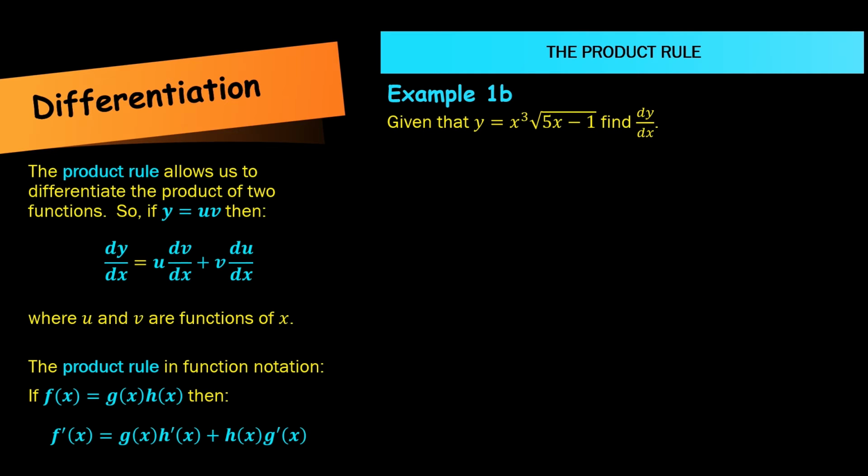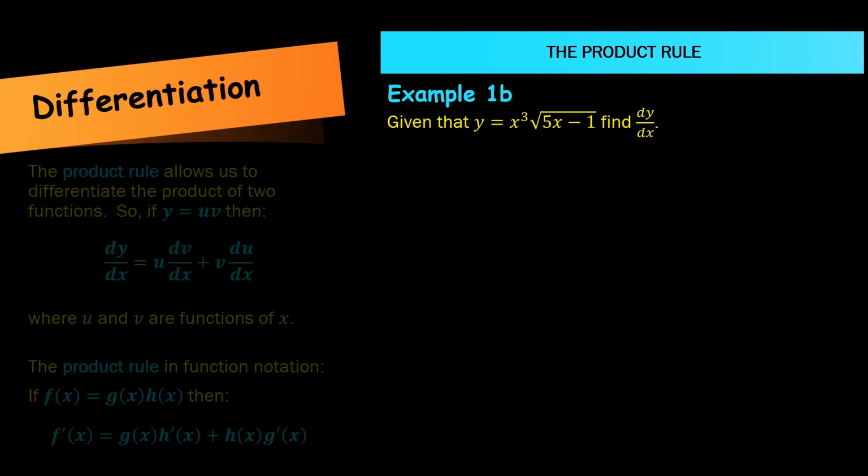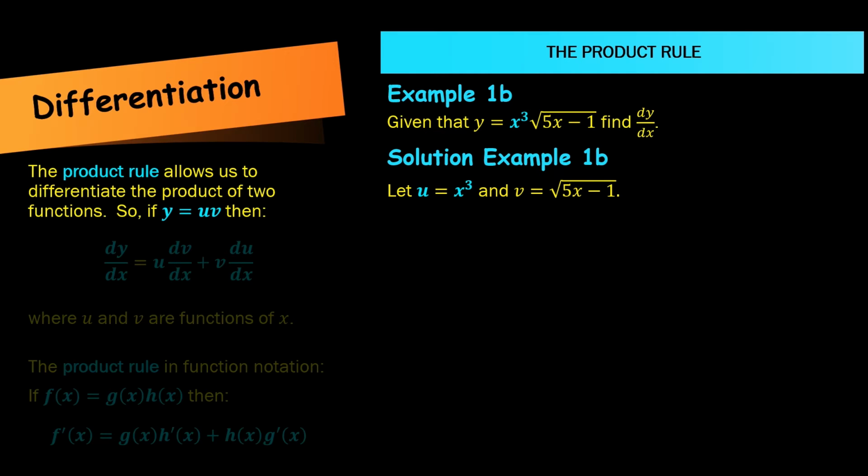Now let's take a look at part B. Given that y equals x cubed times root 5x minus 1, find dy dx. So let's solve this. We're going to begin by letting u equal x cubed and v equal root 5x minus 1.